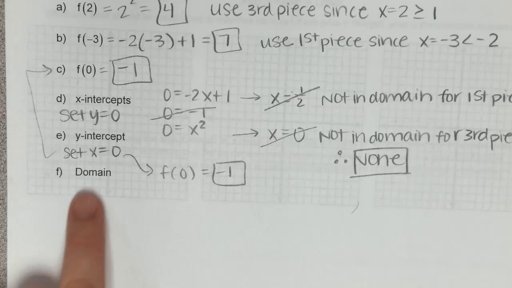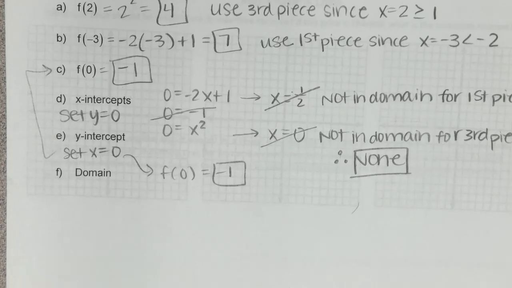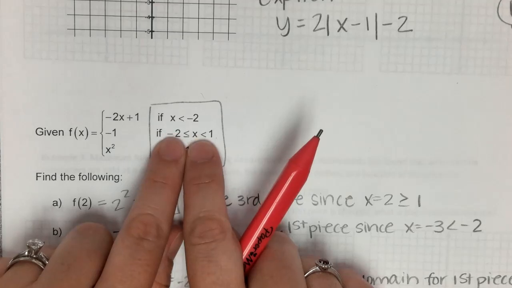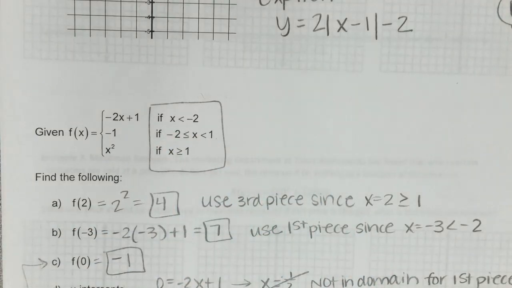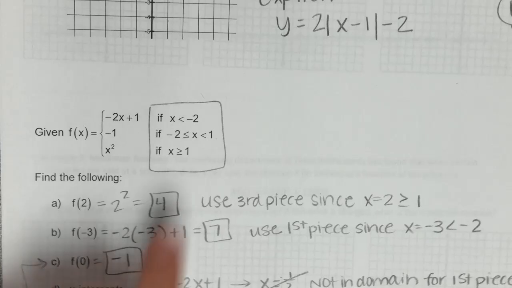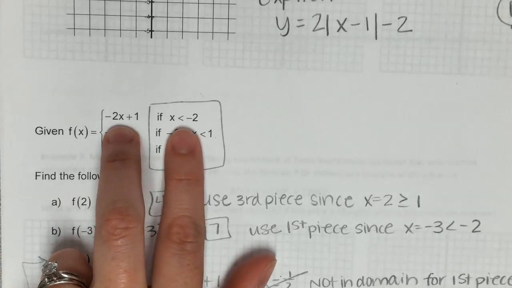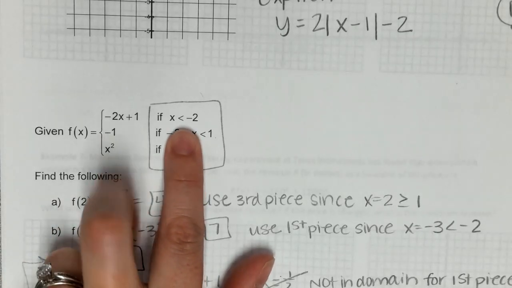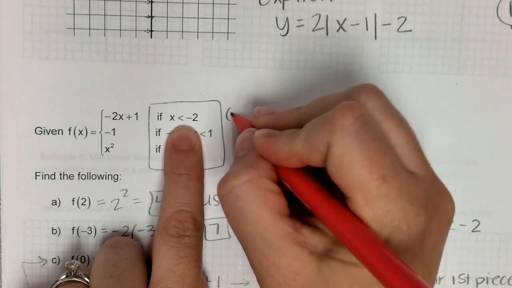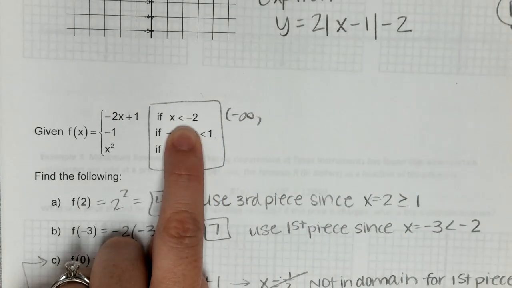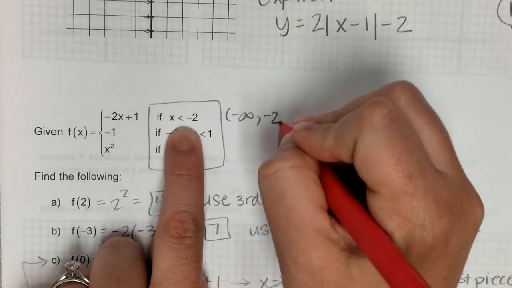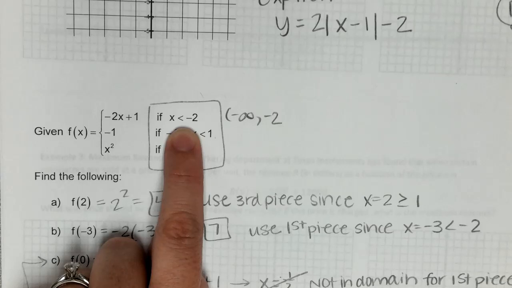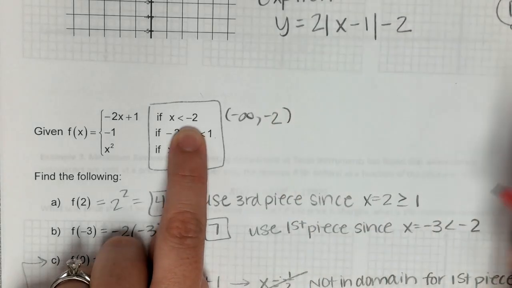All right, now I want to know what is the domain of the whole function. This is actually easier than you think. You're just going to take each of these mini domains and squish them all together and you're going to have one big domain. Okay, look at the first piece. What's the domain? -∞ to -2, parentheses or bracket? Parentheses.